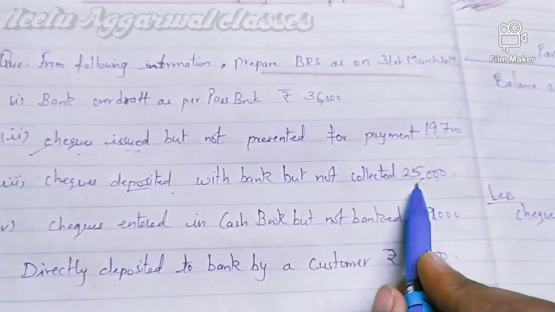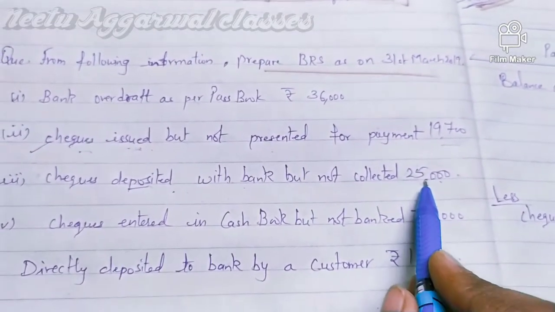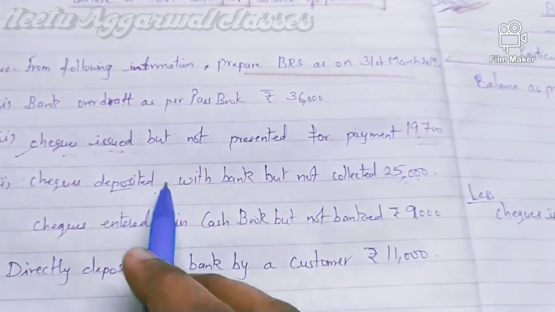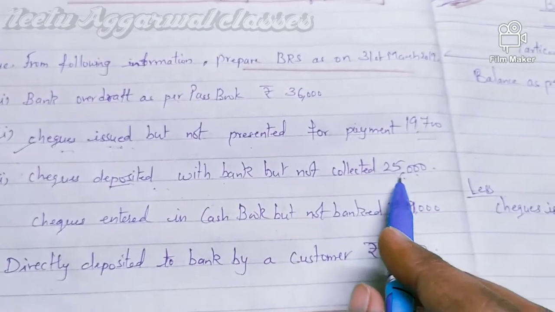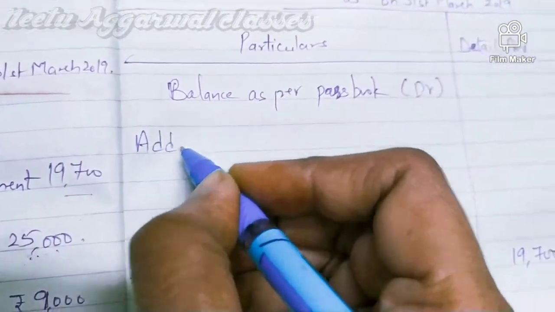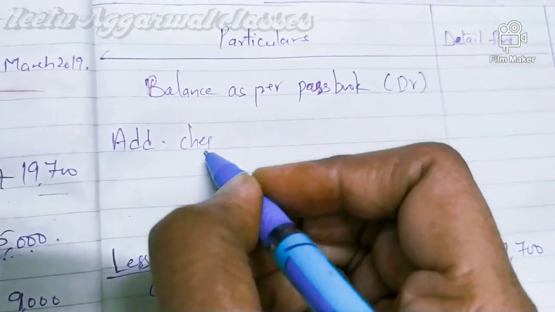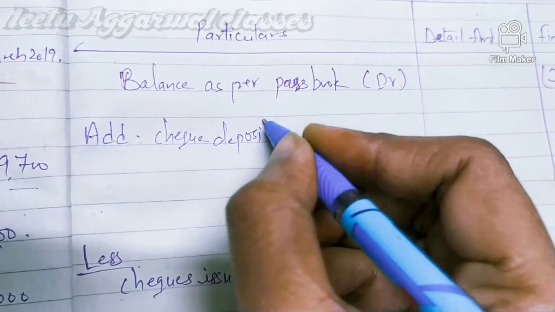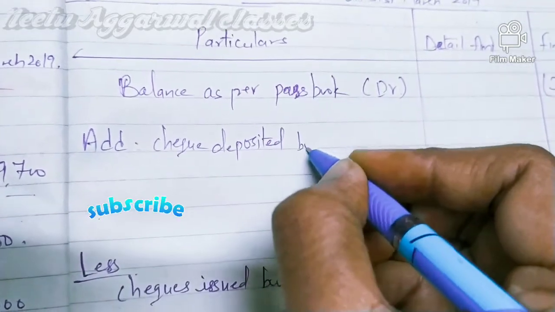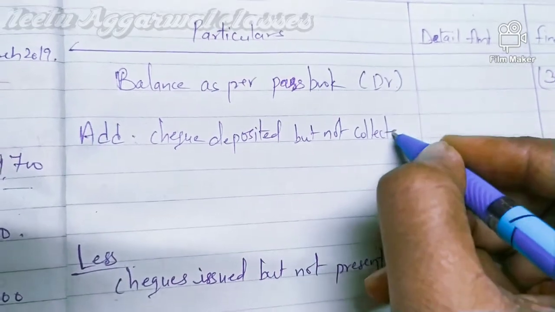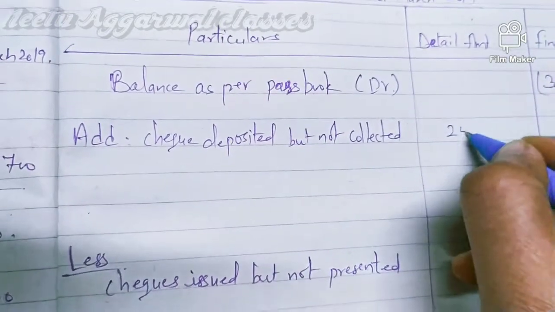What we need to do right now, we need to credit this amount. So we need to add this amount, right? Checks deposited but not collected yet, 25,000, we need to add this amount.